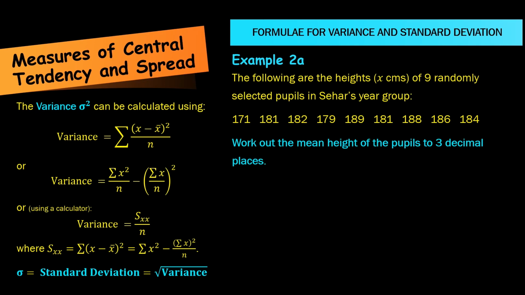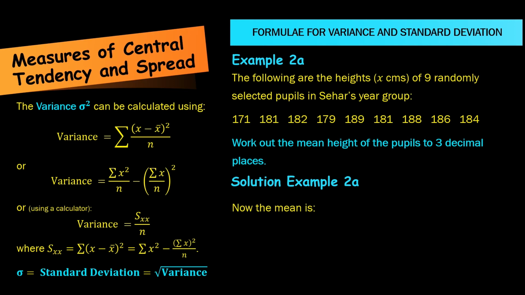So let's solve example 2 part A first. The heights on your screen are those of 9 randomly selected pupils in Seher's year group. Work out the mean height of the pupils to 3 decimal places. So let's solve this.